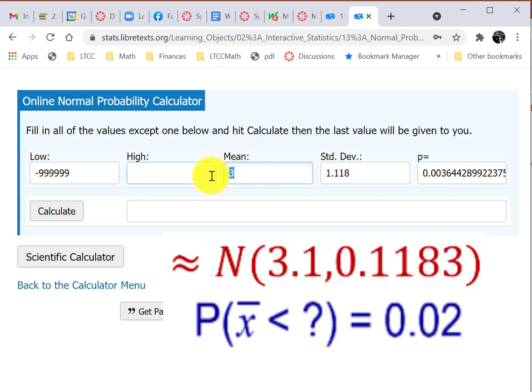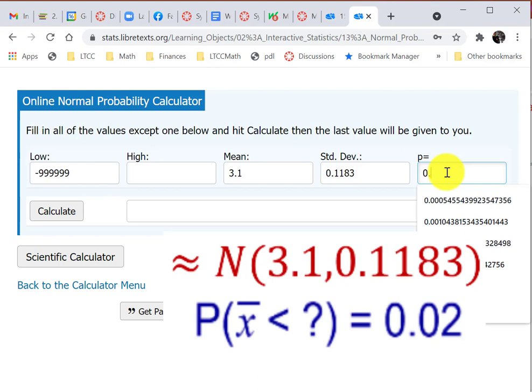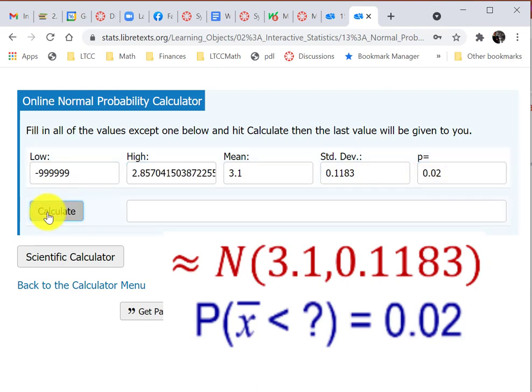The mean this time is 3.1, and the standard deviation is 0.1183. The probability was given as 0.02. And I hit calculate, and there we have it, about 2.86 or so.